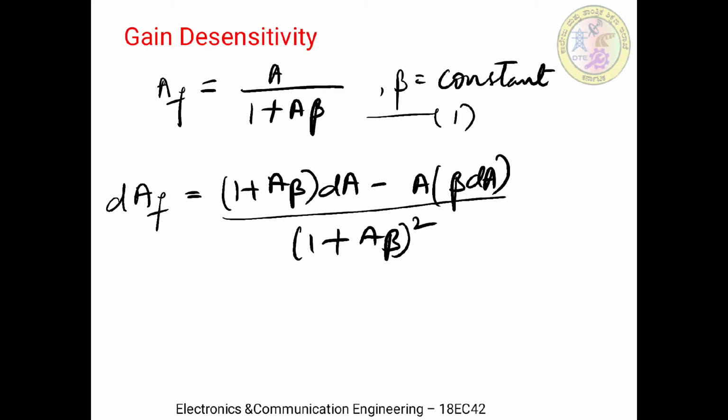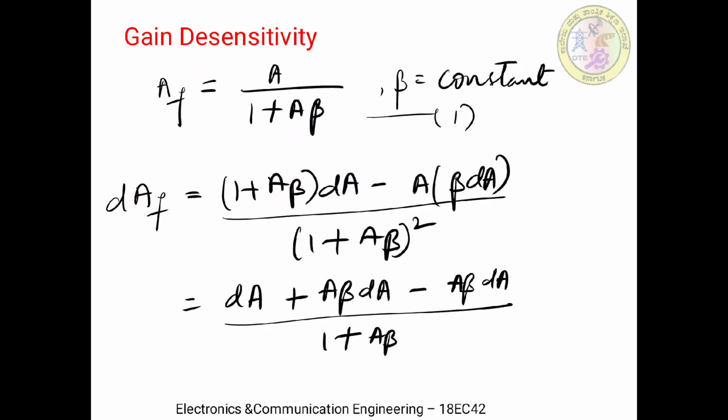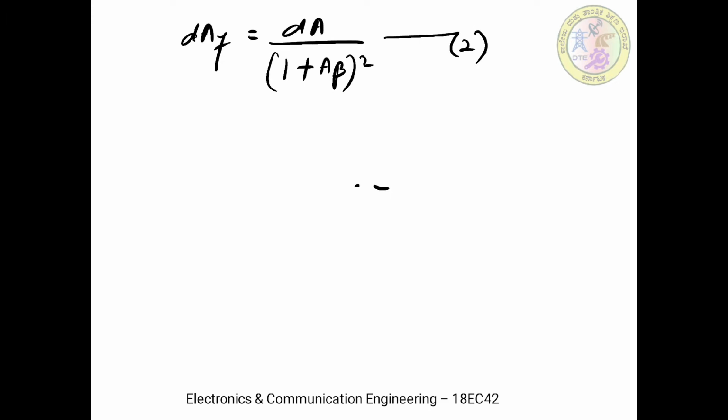This can be further simplified: dA plus A beta dA minus A beta dA, by (1 plus A beta) whole square. We see that the two A beta dA terms will cancel, so we are left with dAF equal to dA by (1 plus A beta) whole square. We'll take this as equation 2.